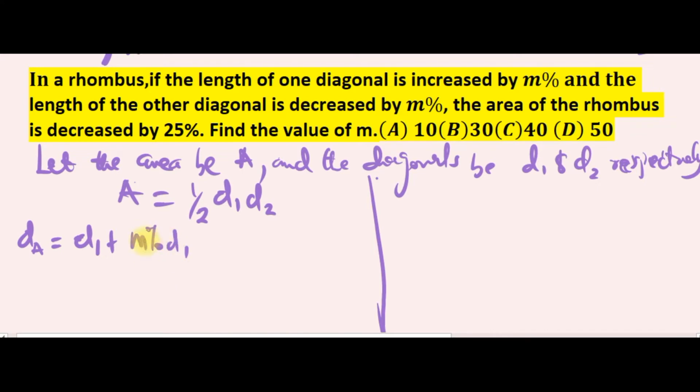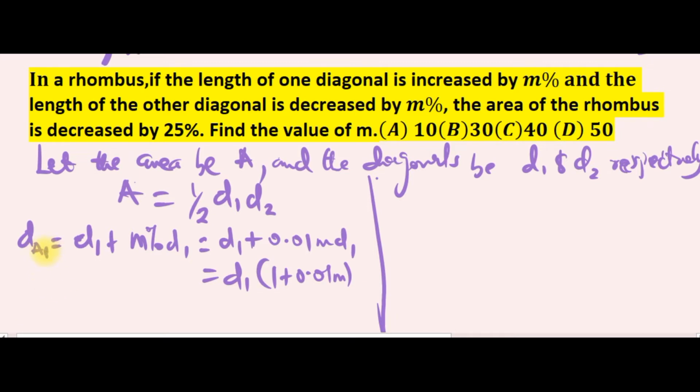So D1 plus 0.01 m D1, because m% means m over 100, which is D1 times 1 plus 0.01 m. So do you see the logic? Let's call it D after 1.